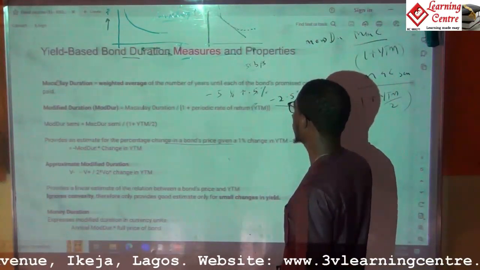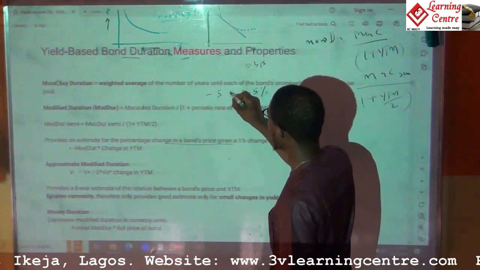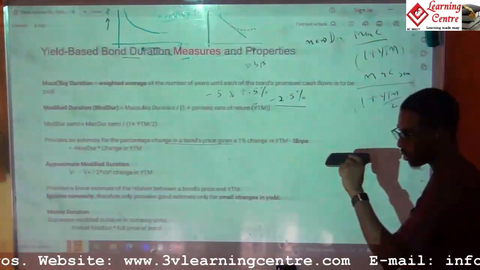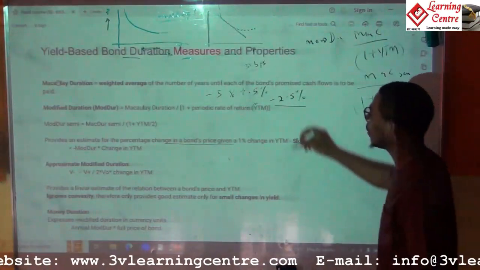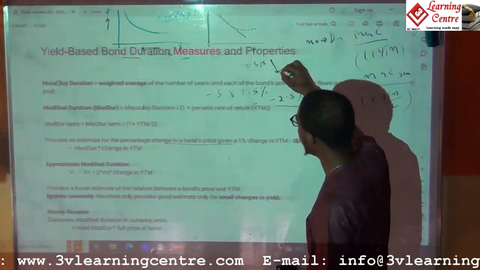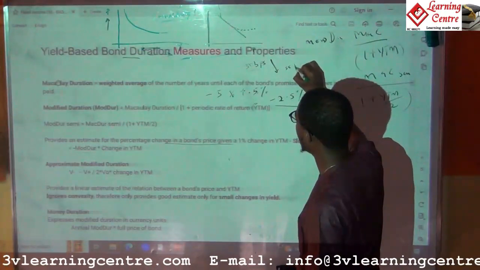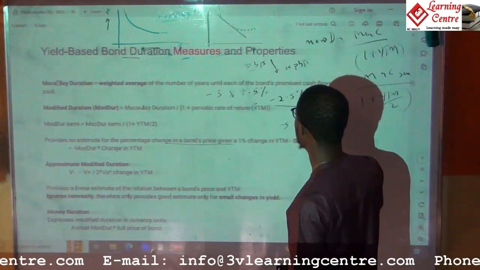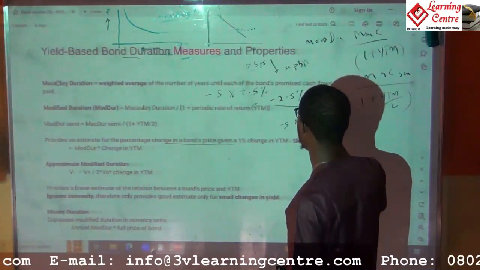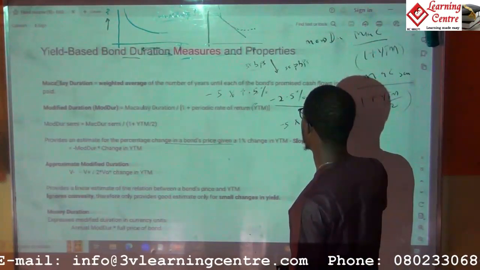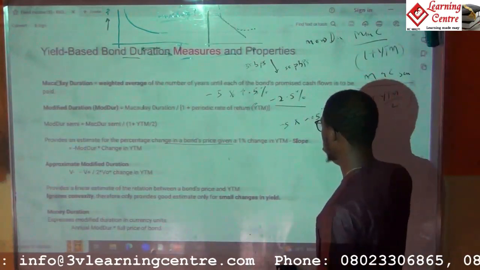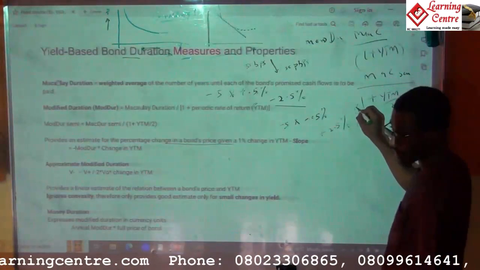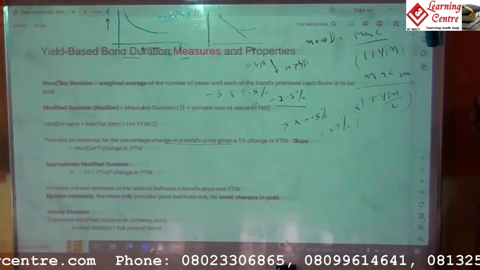Likewise, if the yield curve has a 50 basis point reduction, it will be minus 5 times minus 0.5%, so a 2.5% increase in our bond price.